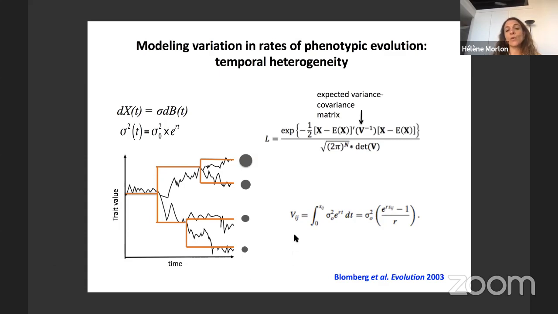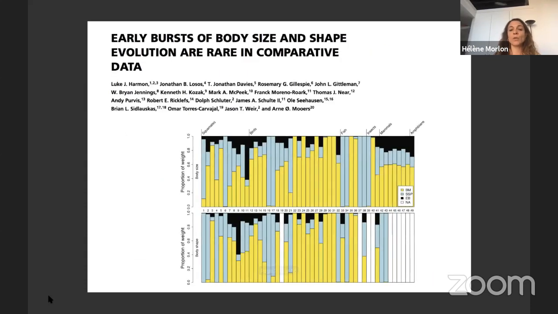Again, here we still have a likelihood which is written as a multivariate normal distribution, and in this case the variance covariance matrix can also be computed analytically, and it's easily found by solving some simple integrals through time. So that means that we can fit these models to data and compare their support on empirical data.